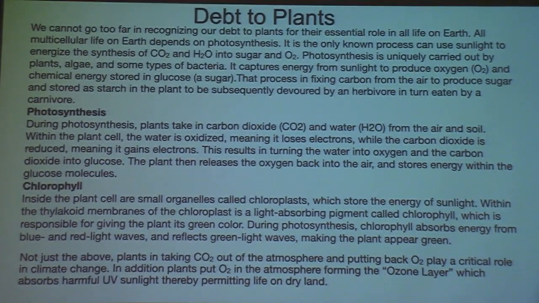With photosynthesis, plants are able to just take carbon dioxide and water available from the air and soil, and use the sun or light as an energy source that allows it to turn that carbon dioxide and water into glucose. In that process, the plant releases oxygen back into the air and stores the energy within glucose molecules in itself.